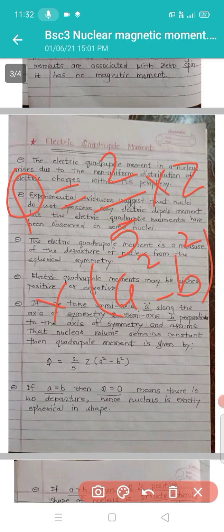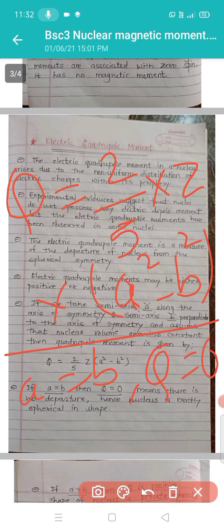Here Z represents the atomic number, A and B are the semi-axes. Now we have three conditions. If A is equal to B, Q is 0.